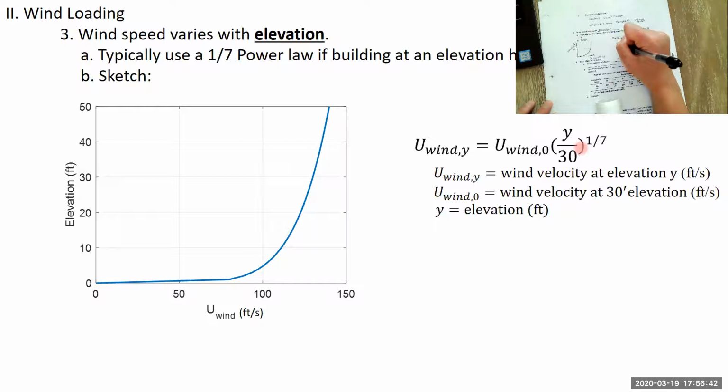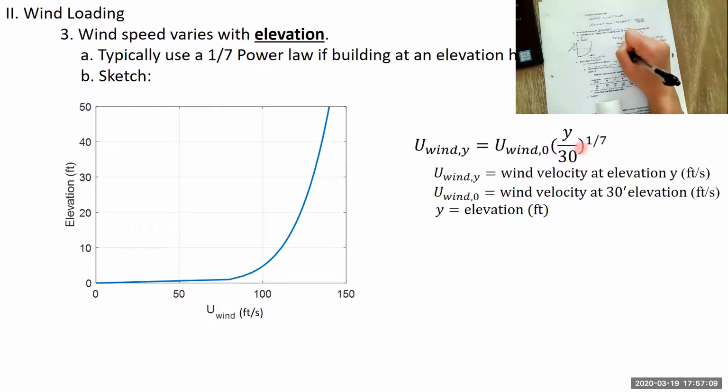U wind naught, with a little 0 subscript, is equal to my wind velocity at my base measurement height, so at that 30 feet or 10-meter elevation, again in feet per second.